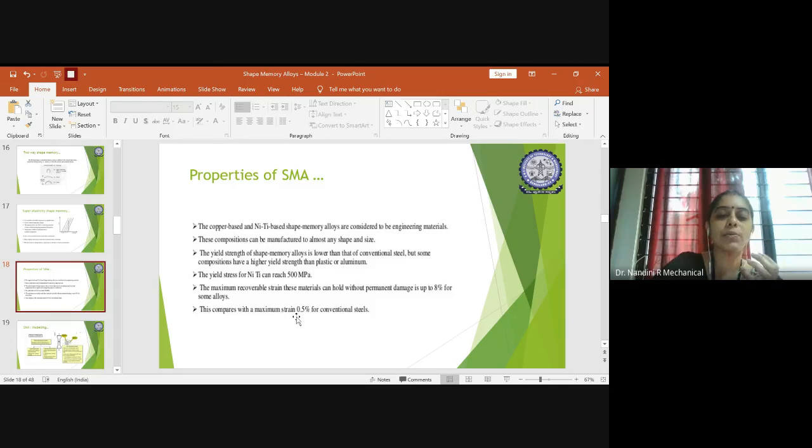So the maximum strain of 0.5% of conventional steel is what we are substantiating, because we spoke about the yield stress of nickel titanium and also the amount which cannot be recovered. Based on these two parameters, we are comparing with conventional steel to say that this compares with the maximum strain of 0.5% for conventional steel.